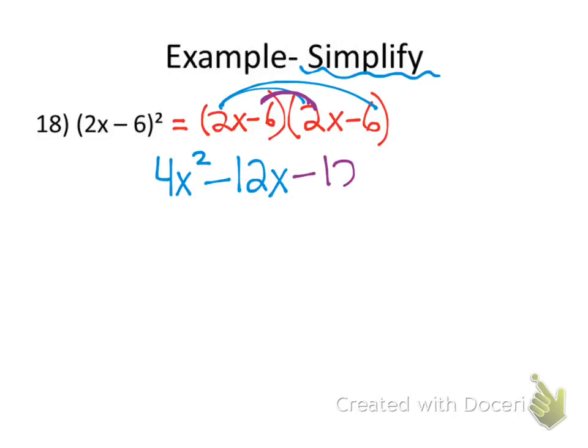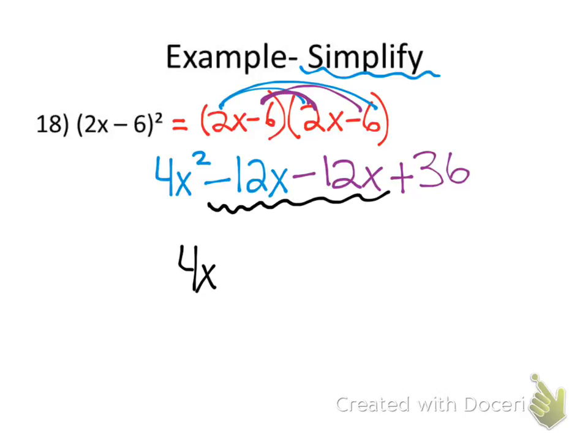Negative 12x. And then finally we have negative 6 times negative 6. Careful, a negative times a negative is a positive. Positive 36. Good. We have some like terms here, so you can go ahead and combine those. We have 4x squared minus 24x plus 36.